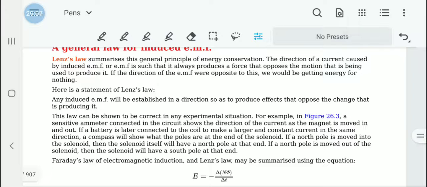Then write down the definition. Any induced EMF will be established in a direction so as to produce effects that oppose the change that is producing it.